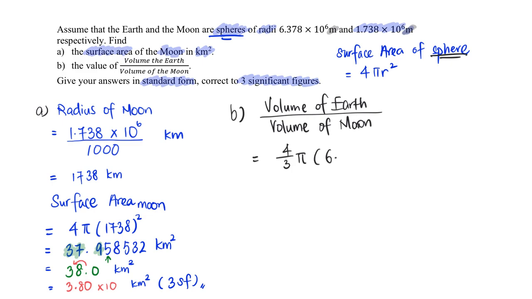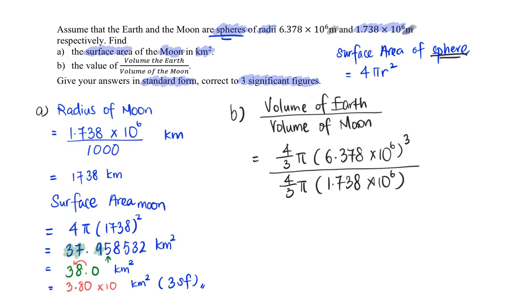This will be 6.378 times 10 power 6 for the Earth cube. For the Moon, 4 over 3 pi r cube, but now it's 1.738 times 10 power 6 cube. And this will give me a value of 49.42016925.